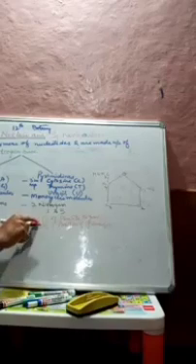And this nitrogen makes the bond with the first carbon of pentose sugar and the 9th position of purine. Here it forms the bond with the first carbon of pentose sugar and the first position of the pyrimidine. So this was second, the nitrogen base.